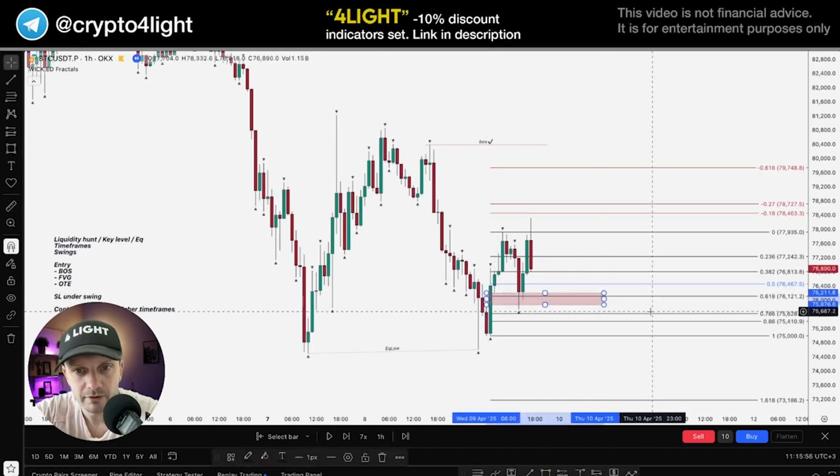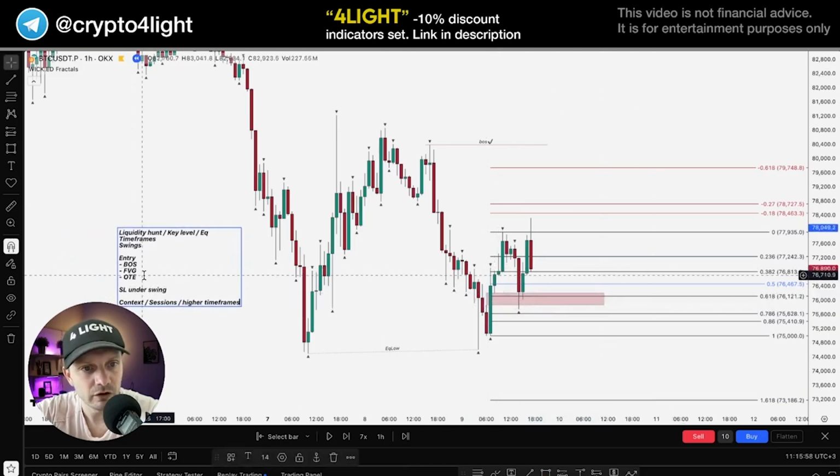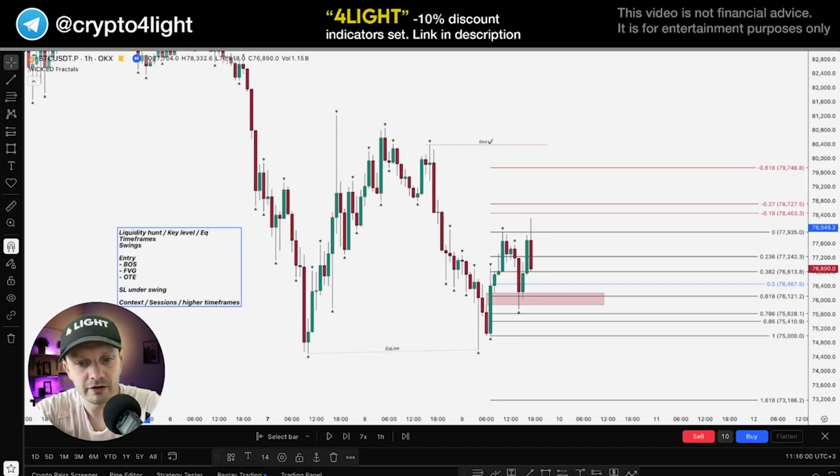This is a gap, and the entry here should be by fib 0.62 lower by fib, and 0.79 or 0.786.